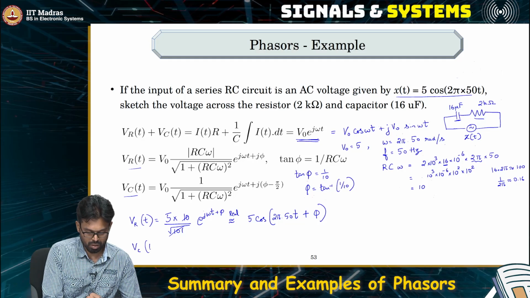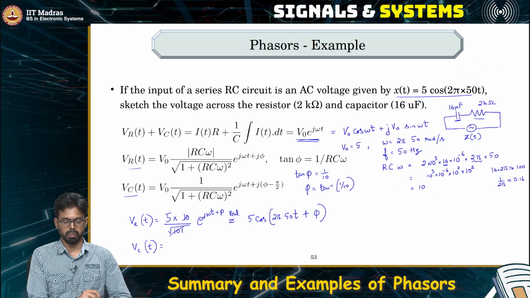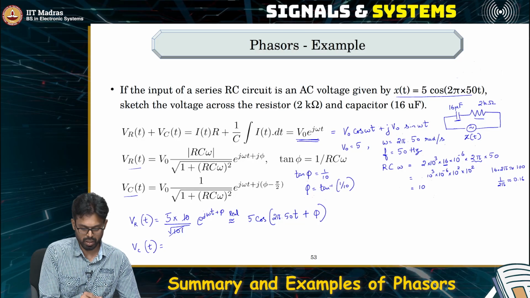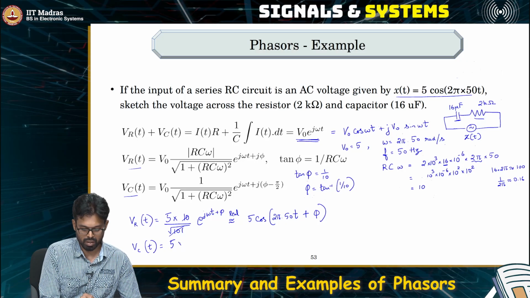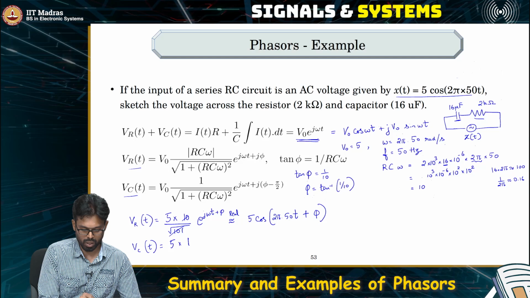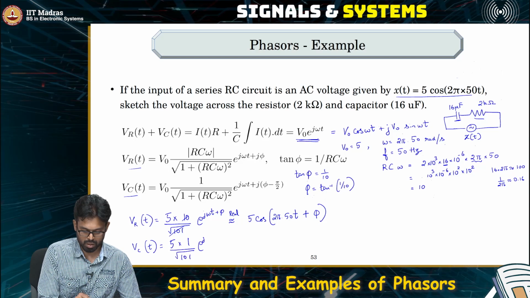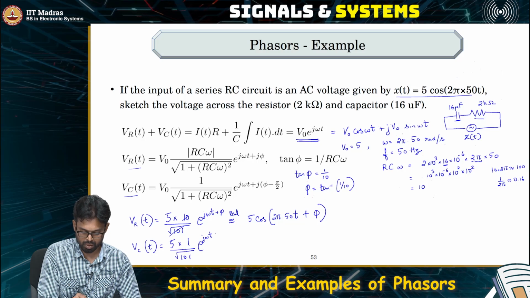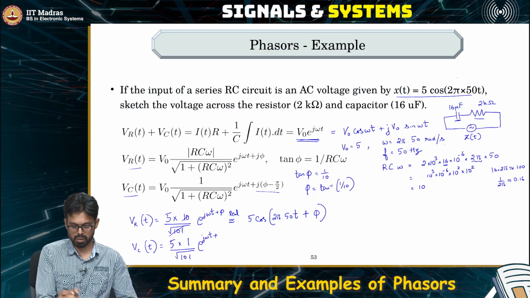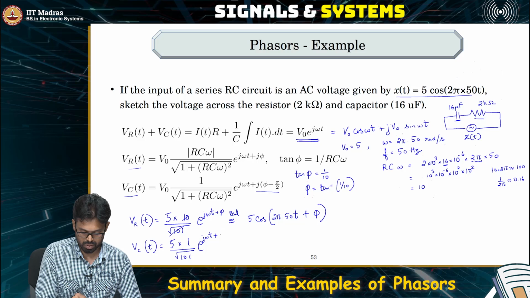Whereas the capacitance is given by a similar expression, V naught 5 into 1 by square root of 101 e power j omega t plus, once again we have the same expression here.